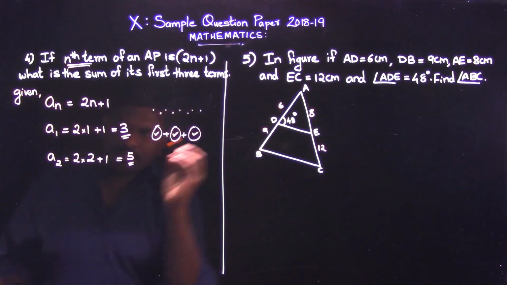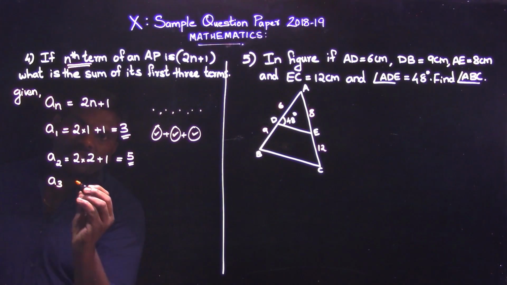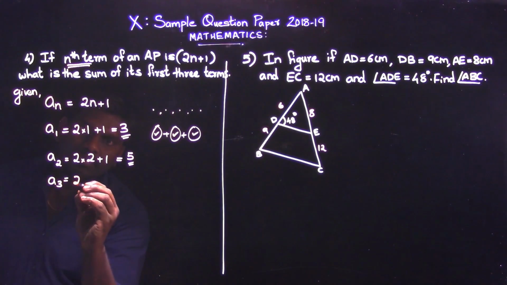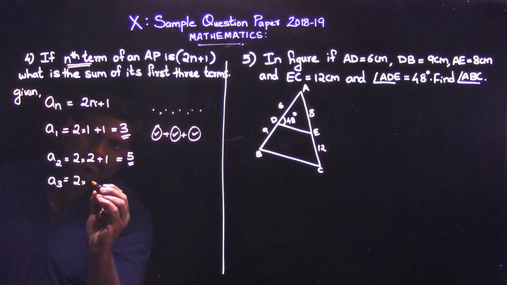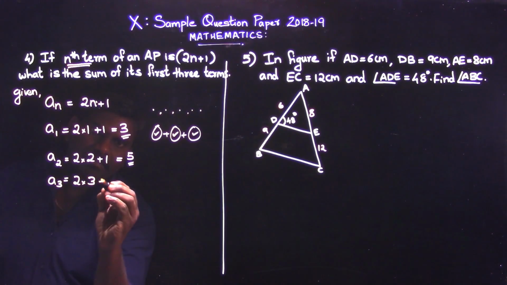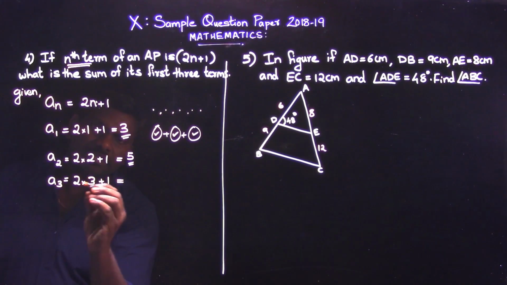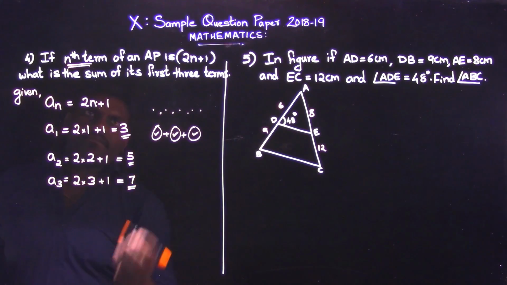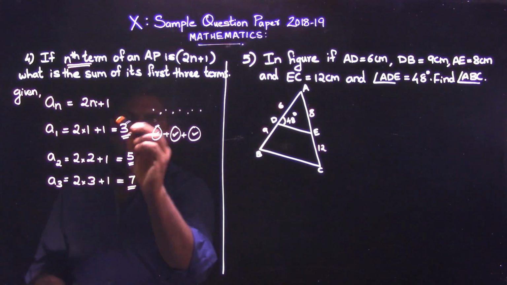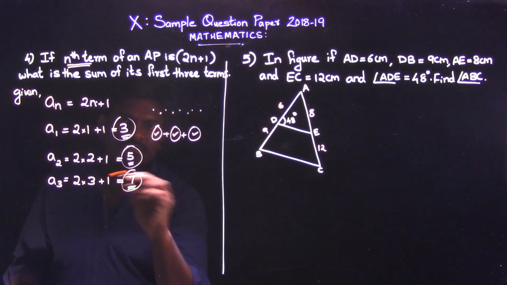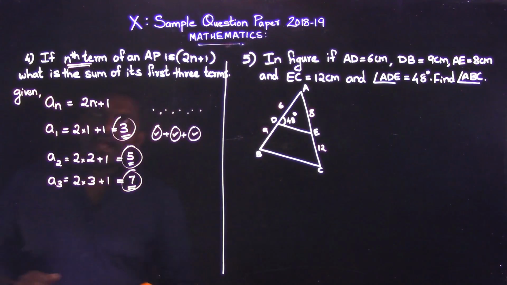Now the third one, A3 is equal to 2 into 3 plus 1, which gives me 6 plus 1, 7. So I got three values, which I want to add.